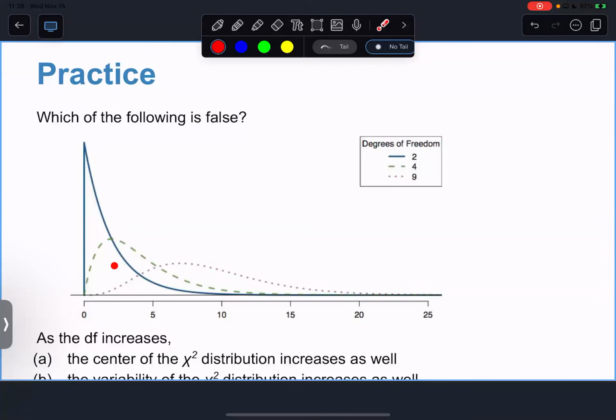And what happens with 9 degrees of freedom? Now we're sort of approaching a normal distribution. It's still quite skewed because this tail keeps going and going.